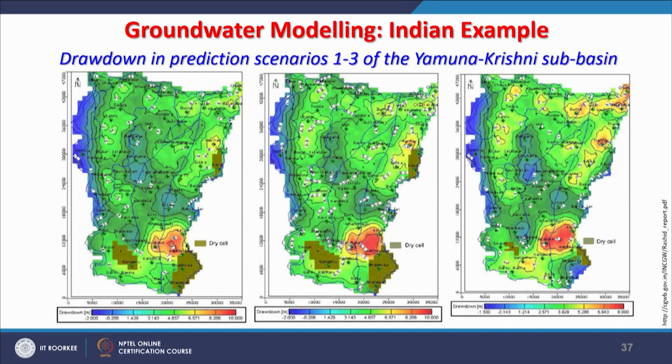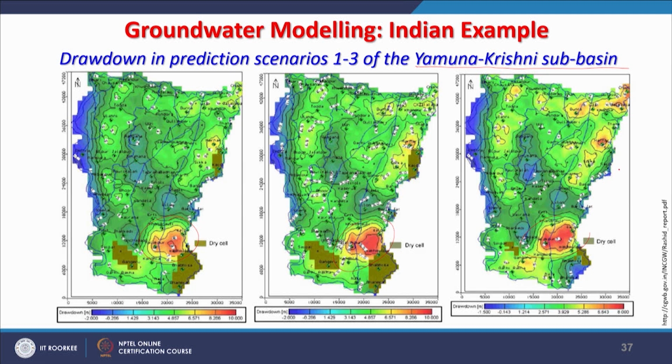So, now we are almost reaching the end of this discussion, and here one example is drawdown prediction in scenarios 1, 2, 3, from left to right, for the Yamuna Krishni sub-basin. Here the drawdown is predicted for different times, and you see the drawdown is increasing in a particular area, and the rest are also showing changes.